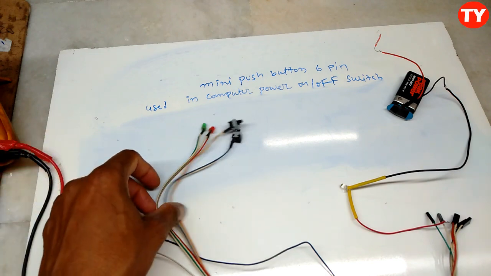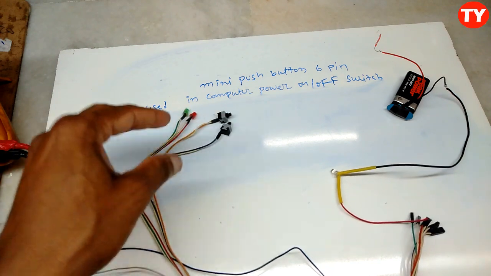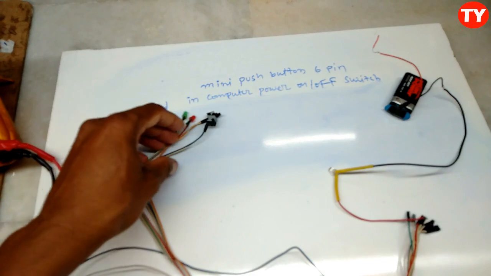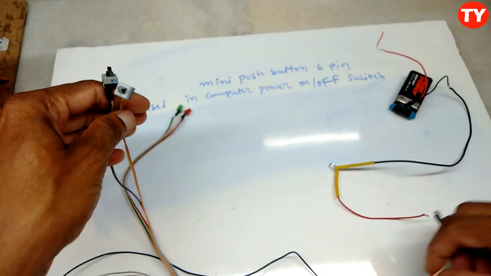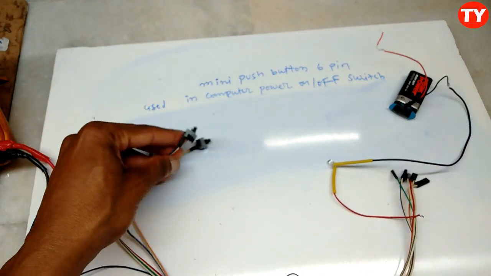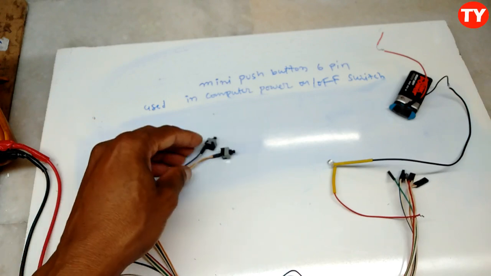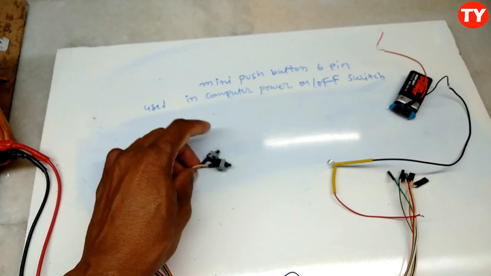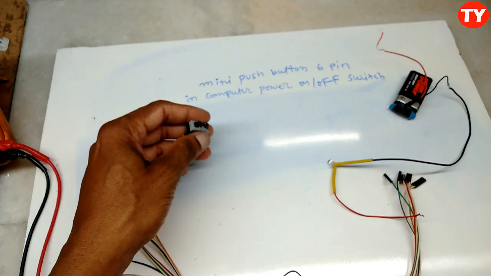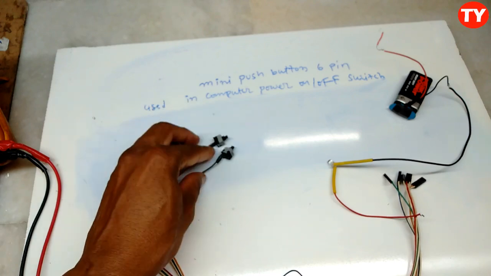Now the testing method of the power switch. When your system reboots, that time you have to check the reset button and the power button also. Both buttons you have to check.